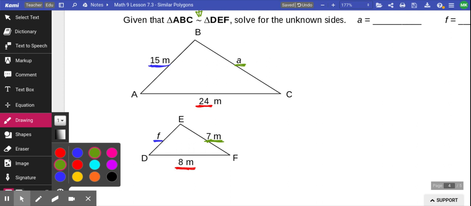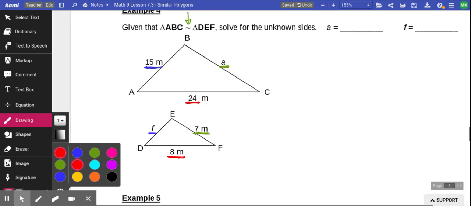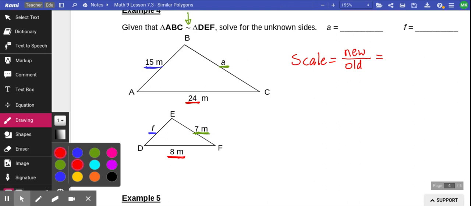If I want to find missing sides, the very first thing I have to calculate is my scale. Without my scale, I can't do anything. So my scale is probably the number one most important thing to calculate. My scale equals my new divided by my old. I have to use two numbers that match up. The only ones that match up where I knew numbers for both of them is my red ones, the bottom. And my new bottom is 8, and my old bottom is 24. If I throw that in my calculator, you should get 0.3 repeated.